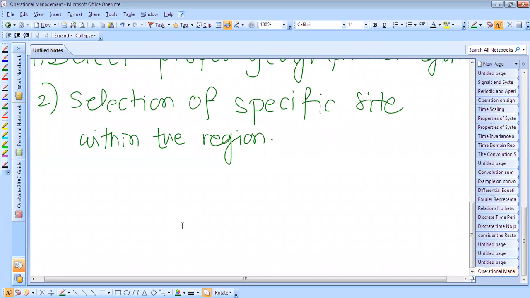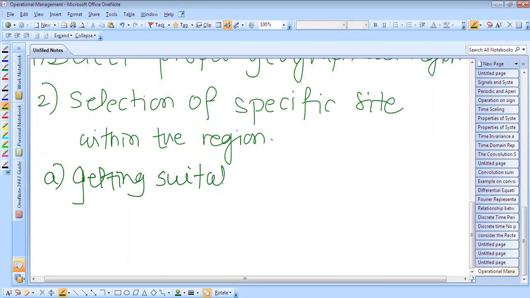So, getting suitable raw material. Second, processing raw material to finished goods.